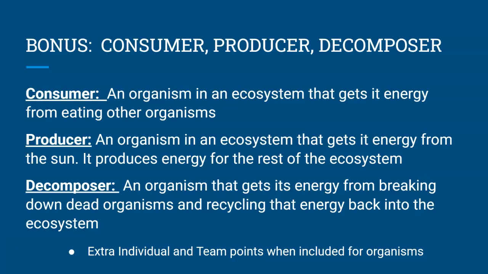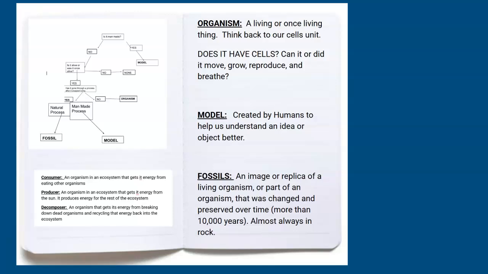It produces energy for the rest of the ecosystem. A decomposer is an organism that gets its energy from breaking down dead organisms and recycling that energy back into the ecosystem. Okay. This will be in your notebook. You can add that in your notes section. So at this point, you're probably stopping and gluing these things into the beginning of your notebook so you have them.